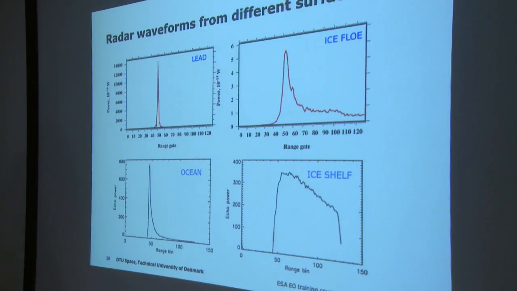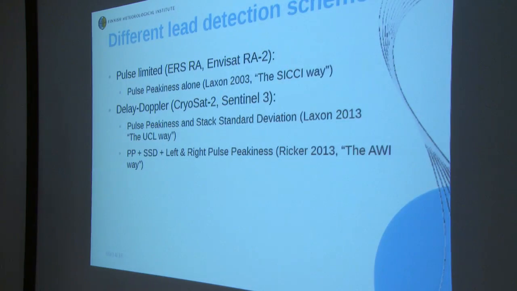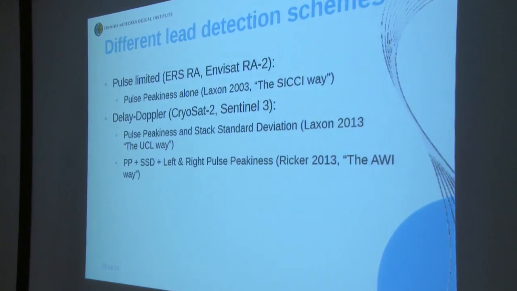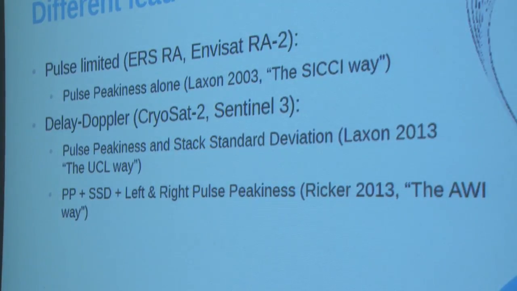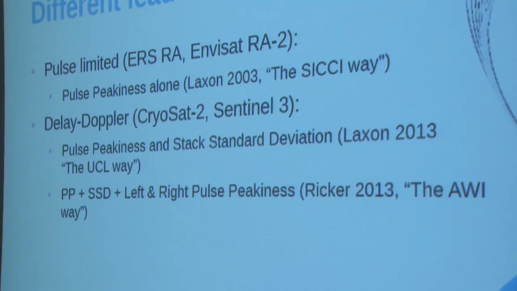The variable is called pulse peakiness, and traditionally with ERS RA and Envisat RA2, which were pulse limited altimeters, pulse peakiness alone was what was used to distinguish lead waveforms.